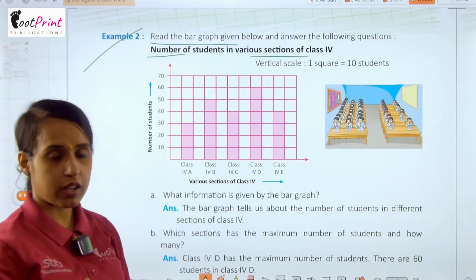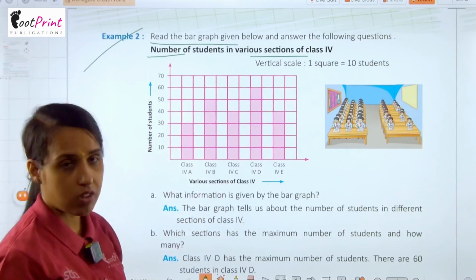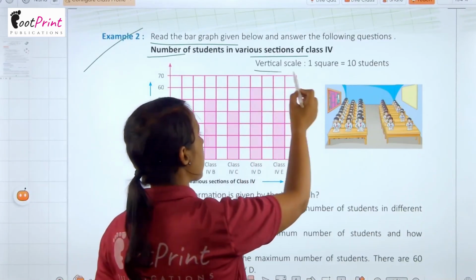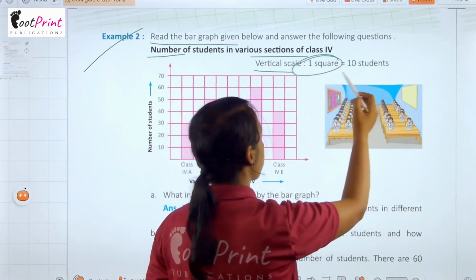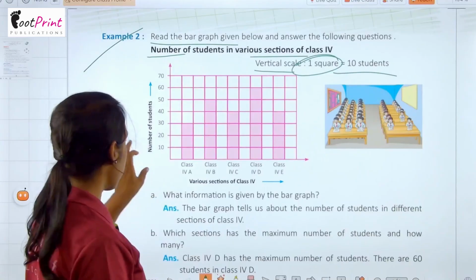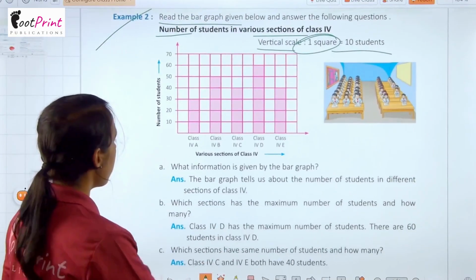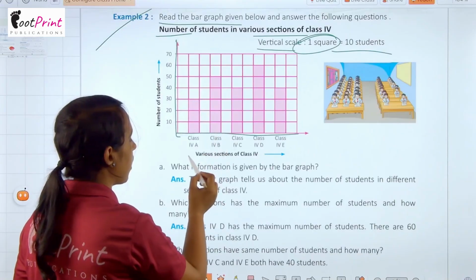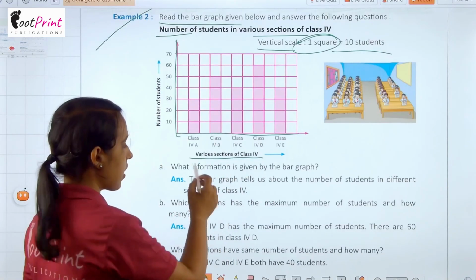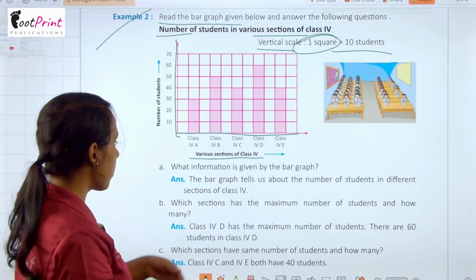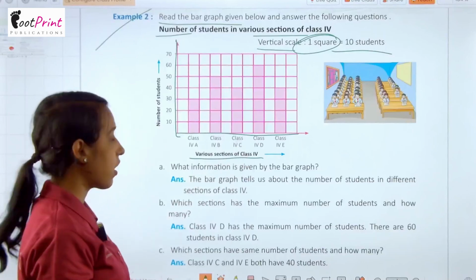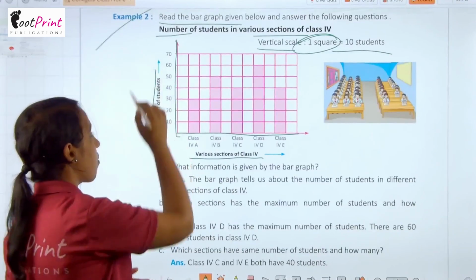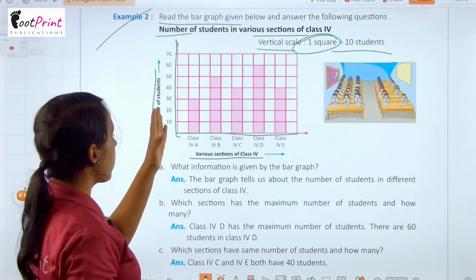It shows how many students are in the different sections of class 4th. And the vertical scale is 1 square showing 10 students. Okay, so here we have a horizontal scale and a vertical scale. The horizontal is the various sections of class 4, that is 4th A, B, C, D and so on. And here we have the number of students and the scale is 10.